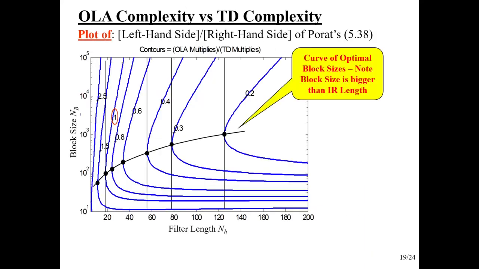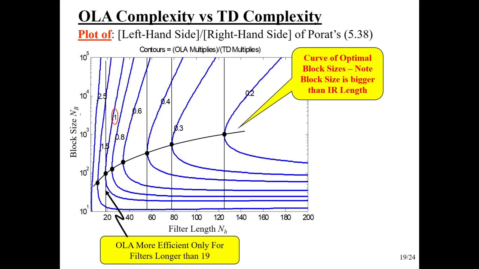So what are we seeing here? We're seeing that for filters longer than 19 filter points, according to our analysis, they're going to be more efficient using overlap add. That's remarkable. That means almost every filter that you're going to design will be more efficiently implemented from a computational complexity point of view, not latency. Because remember, we can't get any output.